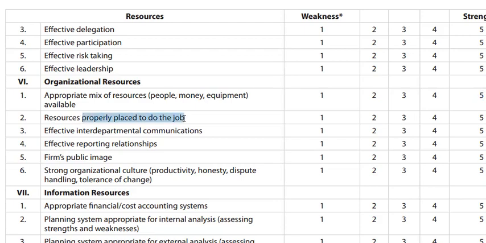Then placement of resources to do the job, interdepartmental communications, reporting relationships, public image, a very important thing. And lastly, organizational culture according to productivity, honesty, dispute handling, and tolerance of change. All these things again will be measured against this Likert scale.